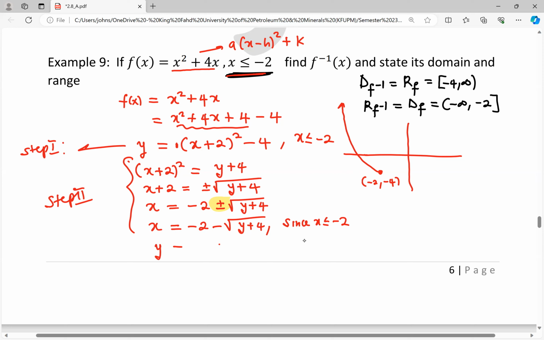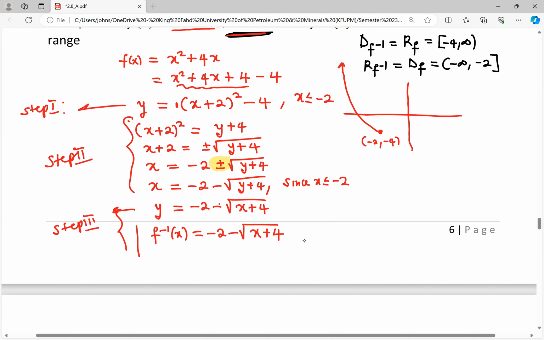So y is equal to -2 minus the root of x plus 4. So this is step 3. And here now you can replace this with f inverse of x equals -2 minus the root of x plus 4.